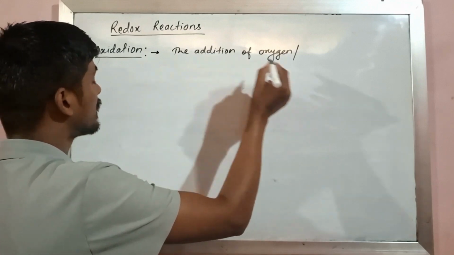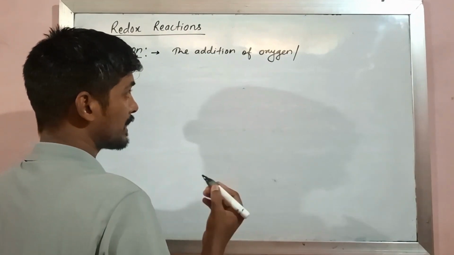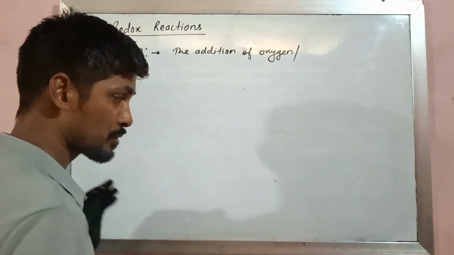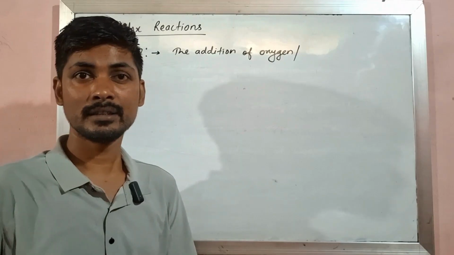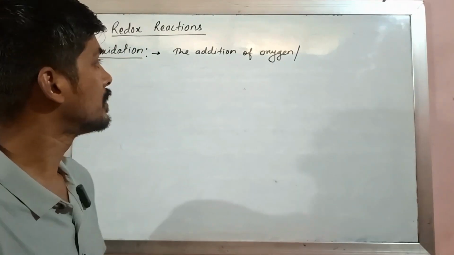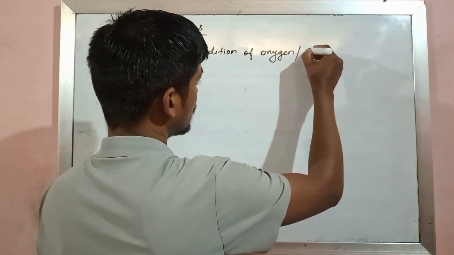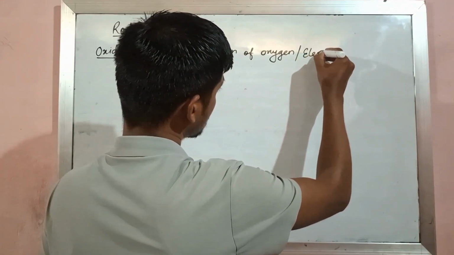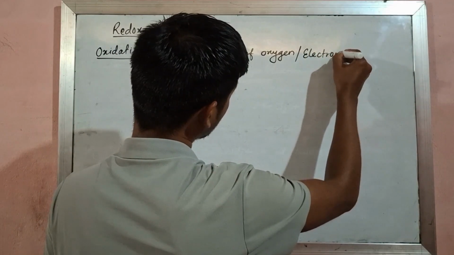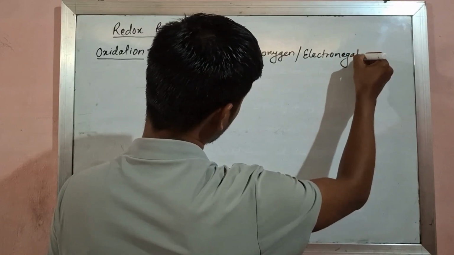Now if any other electronegative atom is added to any reactant, that is also termed as oxidation. So here we can write addition of electronegative radical.